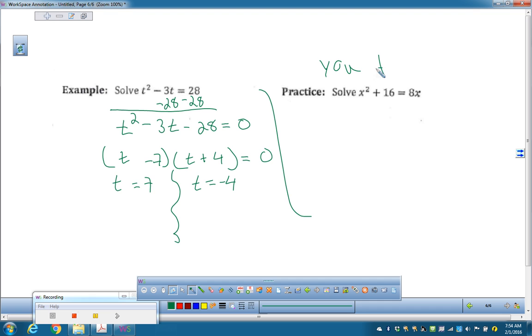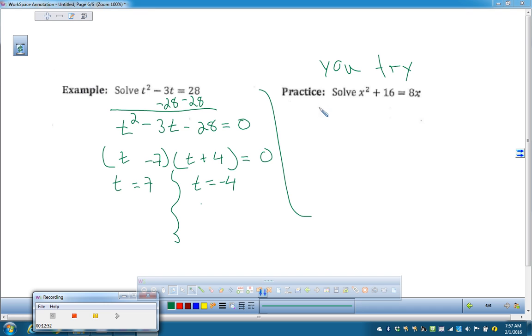So you got to get the 8x onto the left-hand side. Yeah, so first of all, you got to get that 8x onto the other side, right? So when I bring the 8x over to the other side, you get x squared minus 8x plus 16 equals 0.